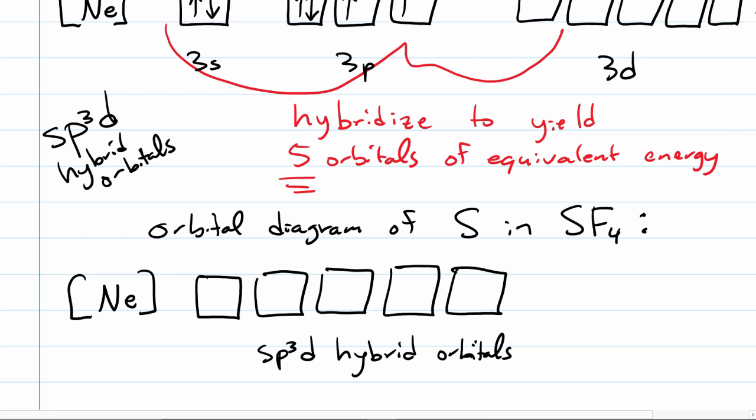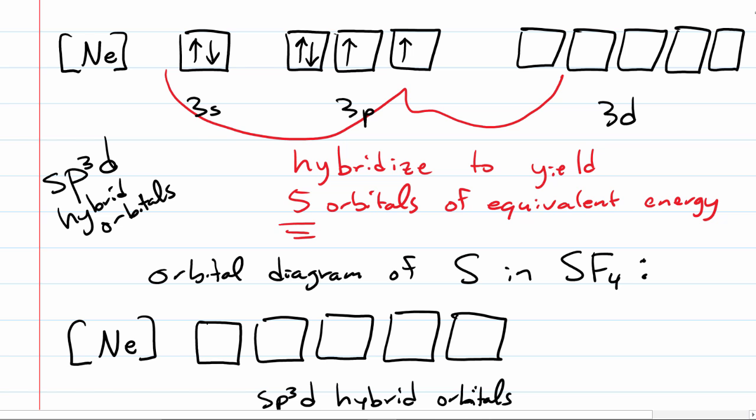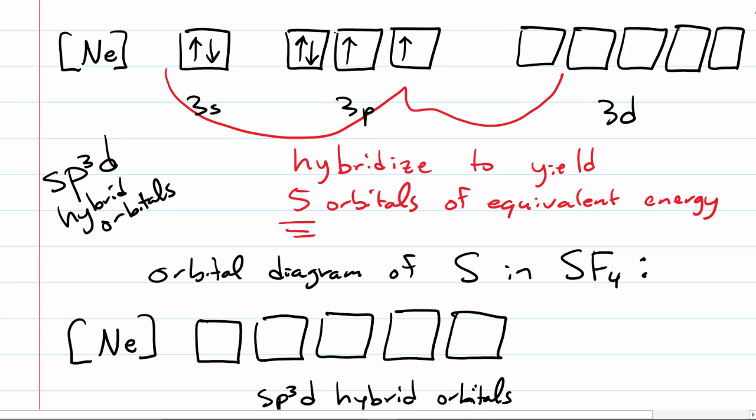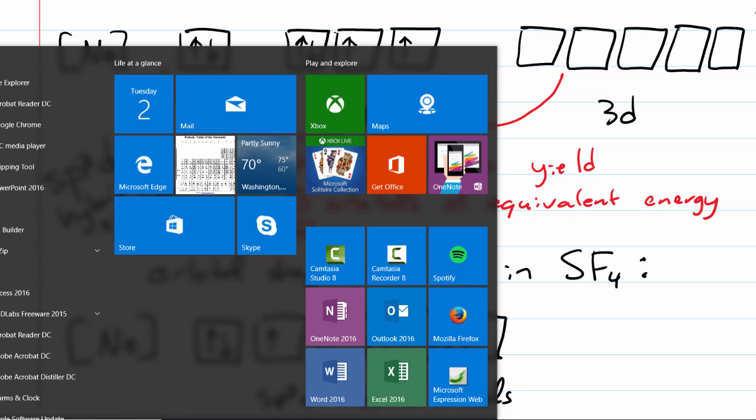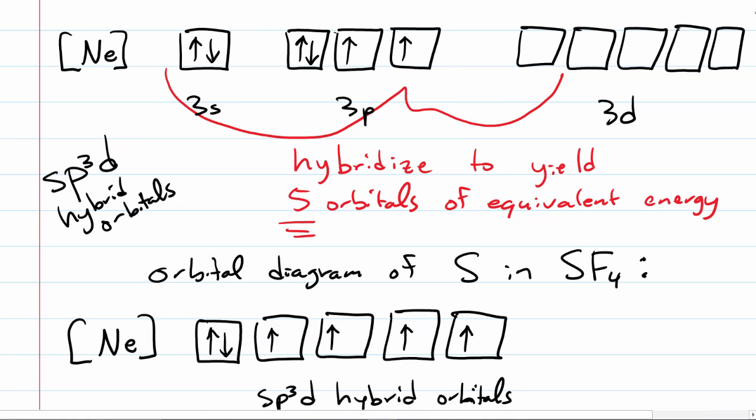So now we go back and ask ourselves, how many valence electrons did the sulfur have? It has 6 valence electrons. So now we put those 6 valence electrons into here. We put in 1, 2, 3, 4, 5, and the 6th one goes right here.